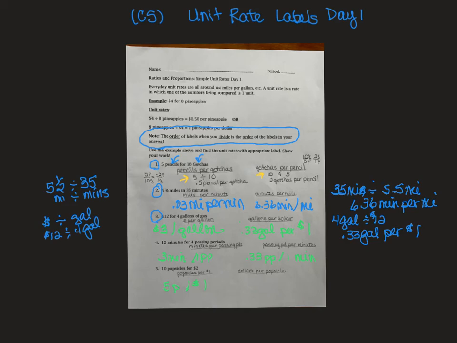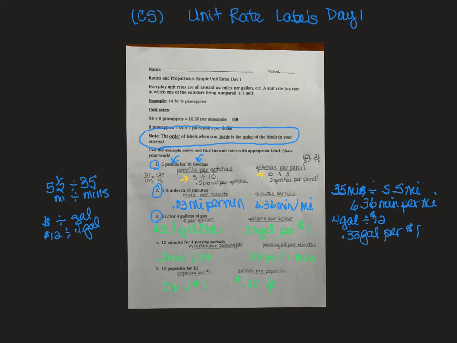If I want cost per popsicle, I'm going to divide $2 by 10, which would be 0.2, which would be 20 cents per popsicle.